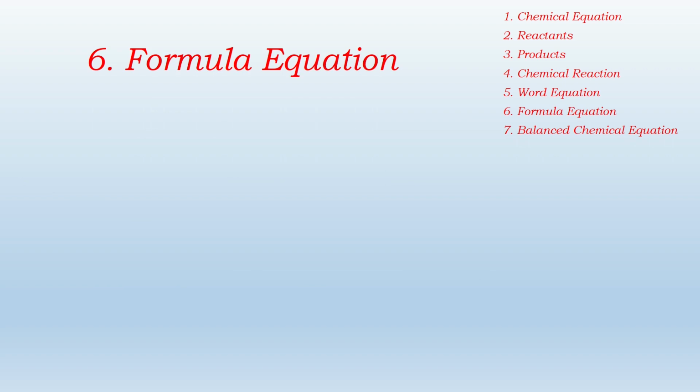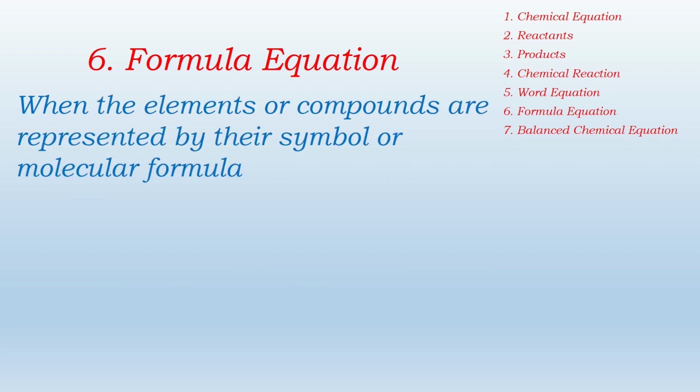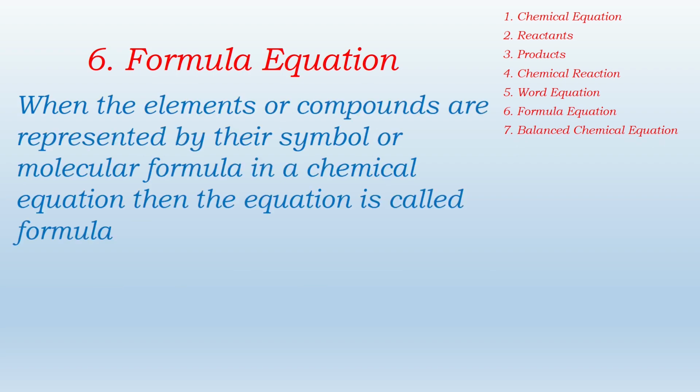Now next, what is formula equation? When the elements or compounds are represented by their symbols or molecular formulas in a chemical equation, then the equation is called formula equation. Elements taking part in the chemical reaction are represented by symbols. If these elements are diatomic, then they are represented by molecules. And compounds taking part in the chemical reaction are represented by their molecular formulas.